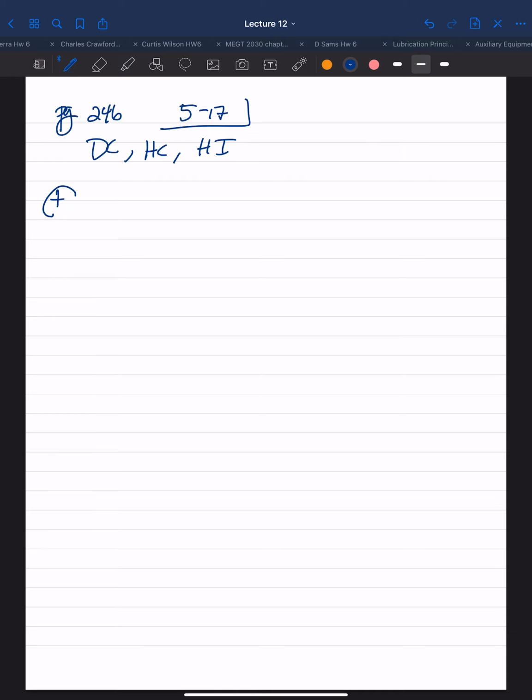So I'll take the sum of my moments about point A, then the 40 kilonewton force times the perpendicular distance, 1.5 meters, plus the 30 kilonewton force times the perpendicular distance of 3 meters.